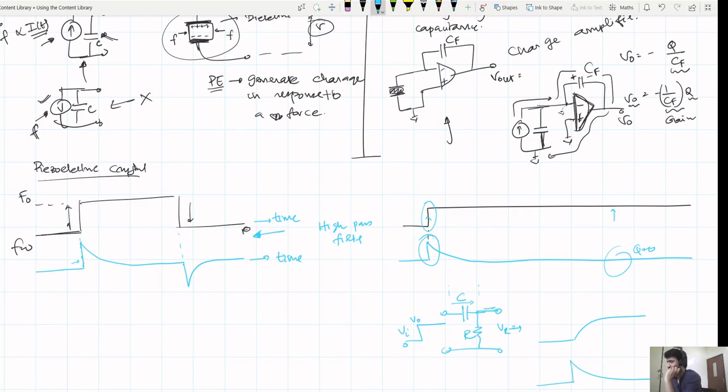Sir, excuse me, you said that it will act as a high pass filter. Don't you think it is actually looking like a band pass filter? Because at the rising edge we have some frequency, and as we move forward it just keeps on decreasing and then it goes to zero.